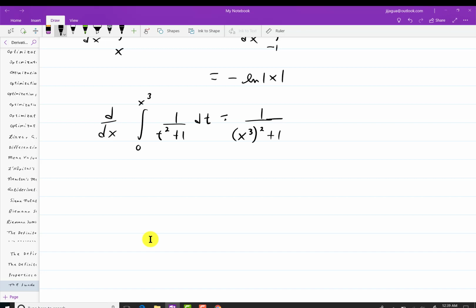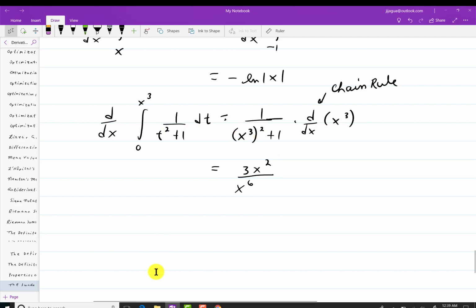But now this is interesting, since x cubed is a function inside of the function, I have to use the chain rule and take the derivative of what's left inside. And that'll, of course, be 3x squared. And if I want, I can multiply this out, get x to the 6th plus 1.